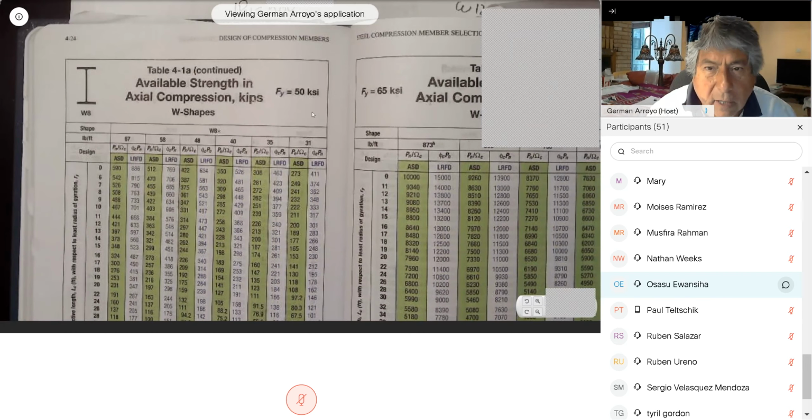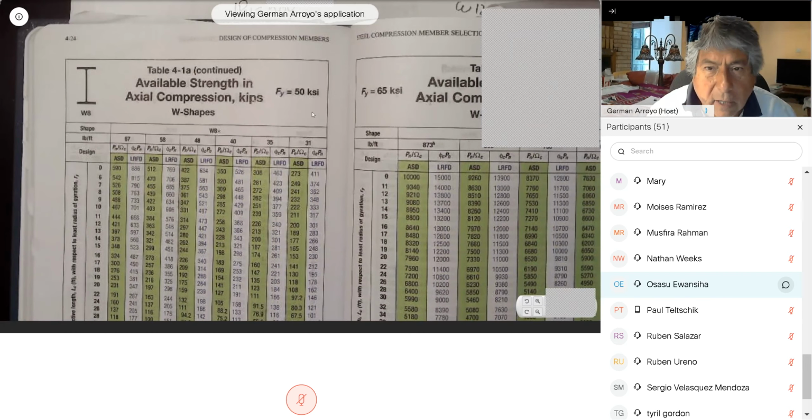So if they give you a section that is not W8, W10, W12, 14, you just go to chapter 1, close your eyes, and select, for instance, W21 by whatever.